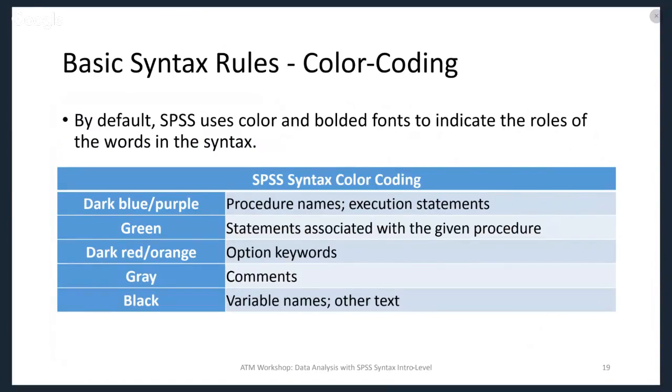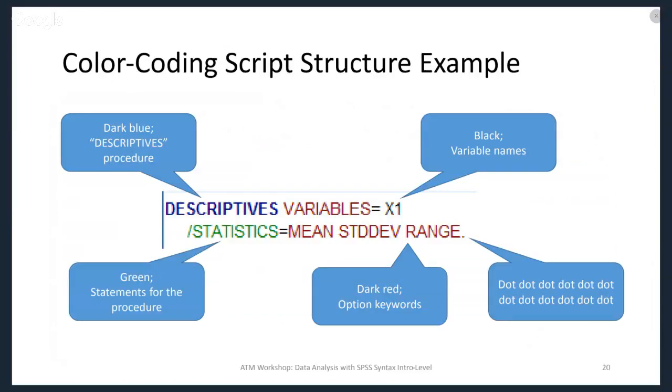Syntax rules. SPSS syntax has color coding. It assigns a different color to each part of the syntax, making it easy to understand the structure. It's very friendly and thoughtful, especially since we are not big fans of programming, and it's a very easy way for newbies to understand the structure of a program. The idea is simple.